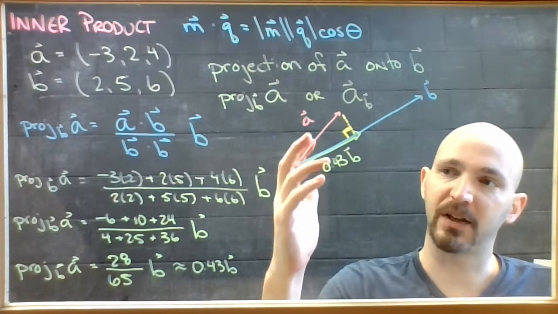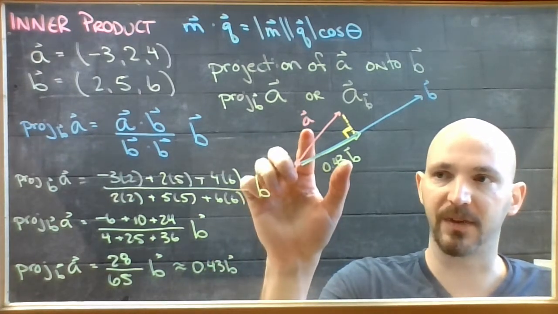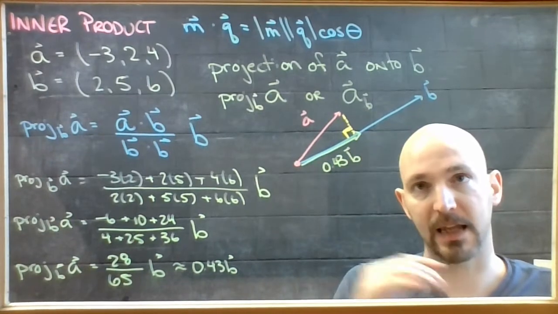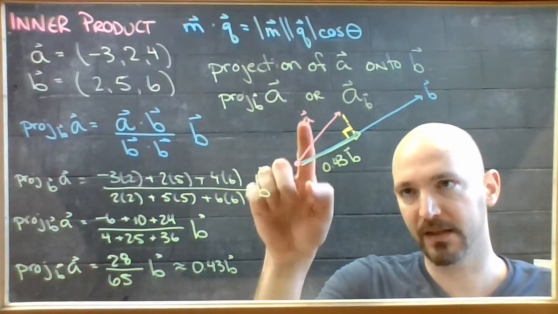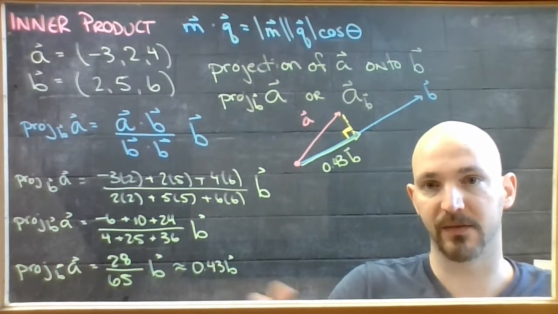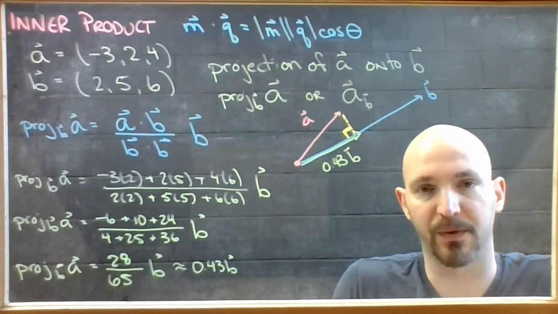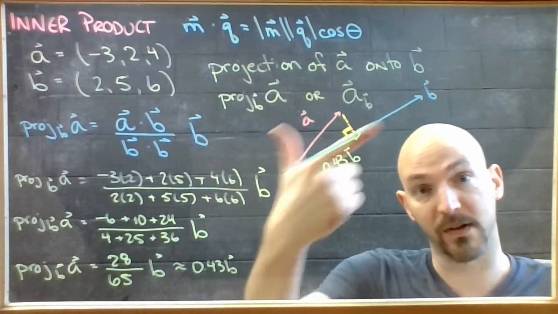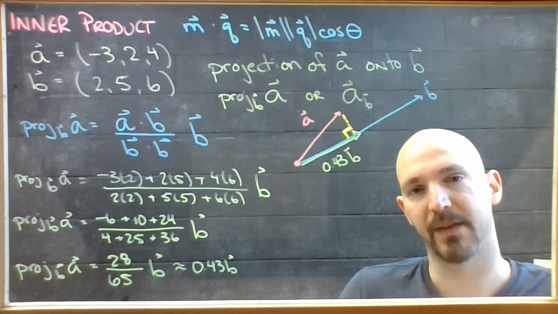So you're trying to figure out how much of this thing is headed in that direction. It says, well, this vector A is made up of this much of vector B. You need 0.43 B's in order to get the horizontal component of that particular vector.